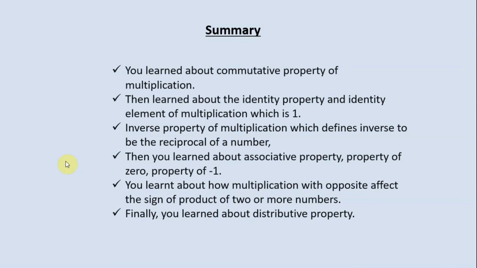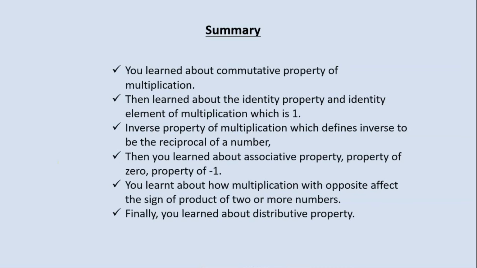Let's summarize everything that you have learned in this lesson. You learned about the commutative property of multiplication. Then you learned about the identity property, with the identity element of multiplication being 1. Inverse property of multiplication, which defines the inverse to be the reciprocal of a number.